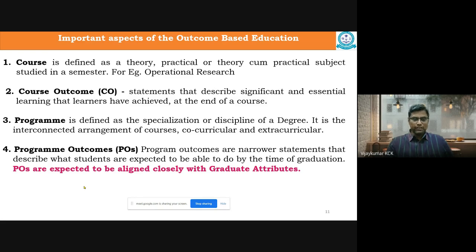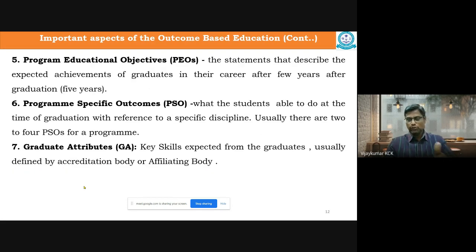After completing the graduation, with respect to that particular branch, whether the outcome is reached or not, or what is the ability of the student that we can expect after completing this particular program, that is what the PO is. This is purely aligned with the graduate attributes, which I am going to give within another couple of slides. You will see. Then next, PEOs is the program educational objective, and program specific objective.